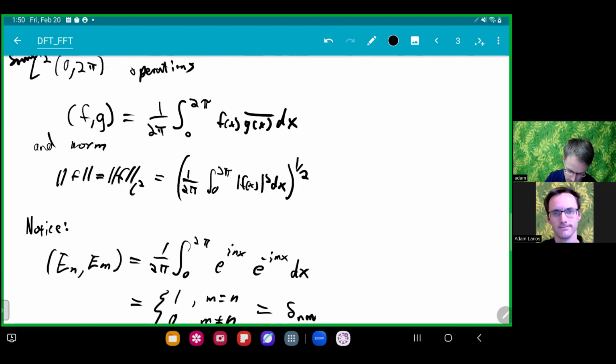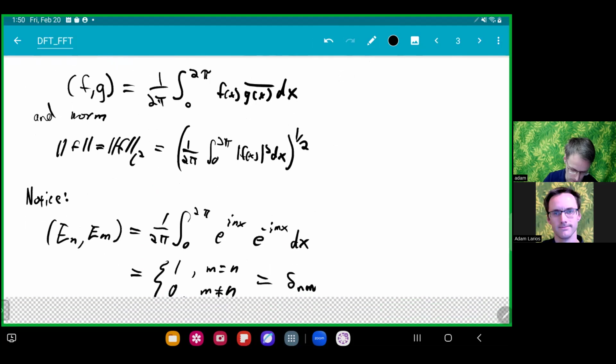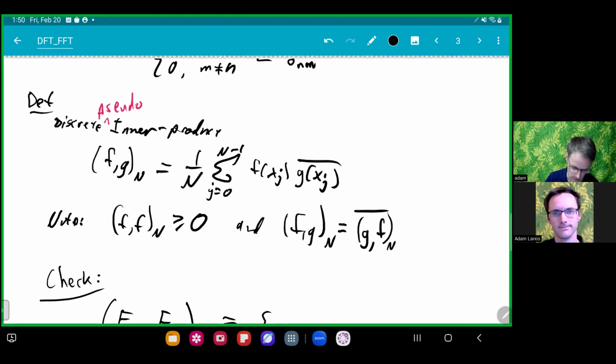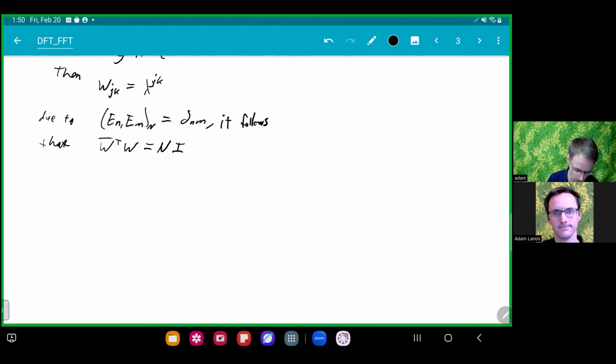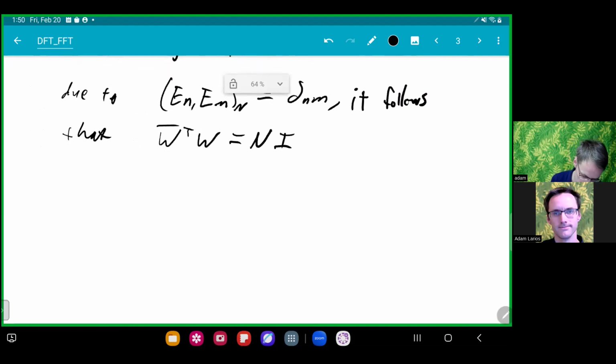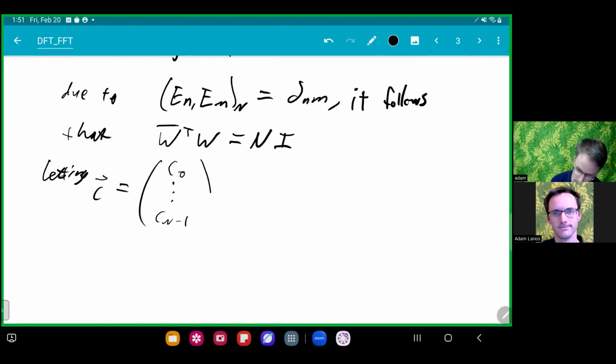that the matrix will arise as follows. Let's denote those coefficients, the C vector, by C0 all the way down through C_{n-1}.